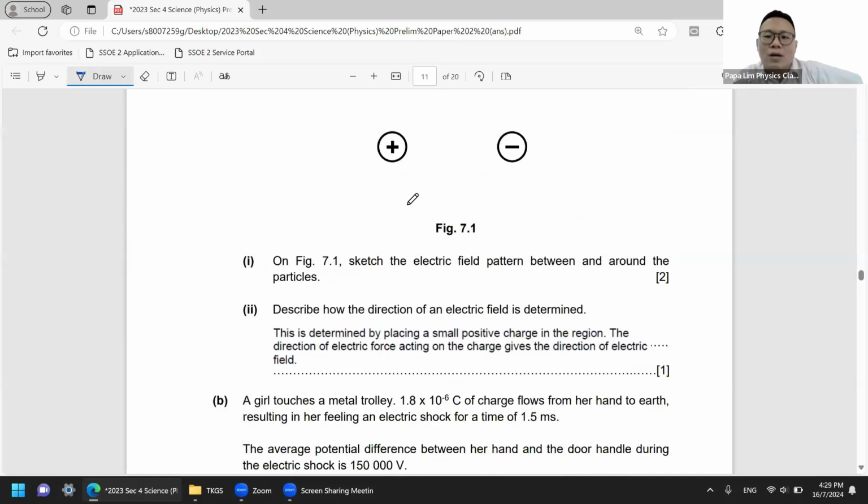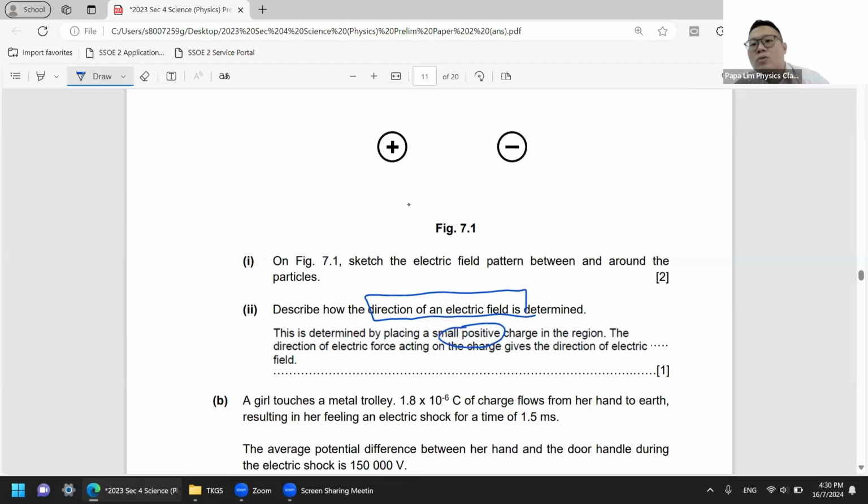Now, one question that is unique but not commonly asked is how do I determine the electric field? Another variation of this is how do I determine the direction of the magnetic field? For both answers, as students you may want to look up the correct way of writing them. For the electric field, what's shown in the textbook is that I use a small positive charge.